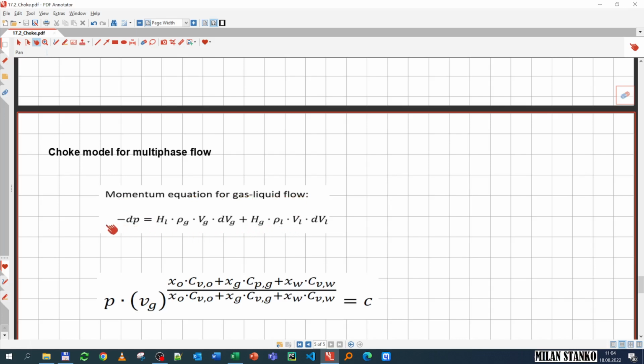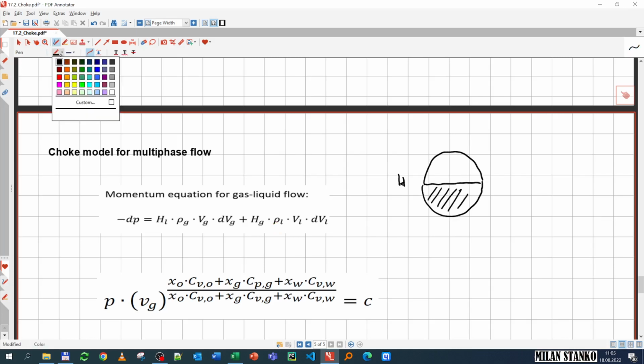We will have later some lectures on multiphase flow, but see that in the delta P now, you have some contribution from the gas. How is the velocity of the gas changing? And how is the velocity of the liquid changing? And you have here this parameter H, which is essentially the holdup. Okay, so H is how much of the cross section of the choke or of the pipe is being occupied by liquid or by gas.